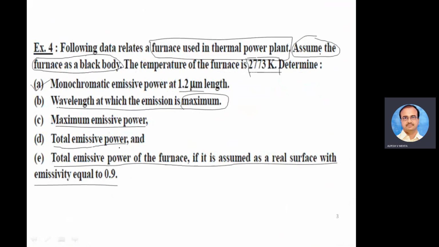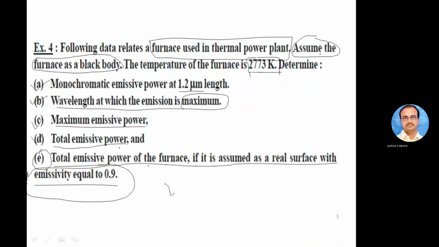So for parts A, B, C, D we are considering the furnace as a black body, and for E, the last task, we are assuming the furnace as a real body with emissivity 0.9, and we have to find the total emissive power E of the real body.